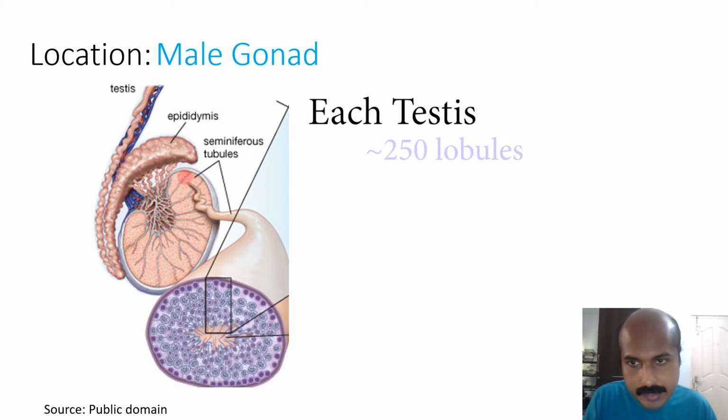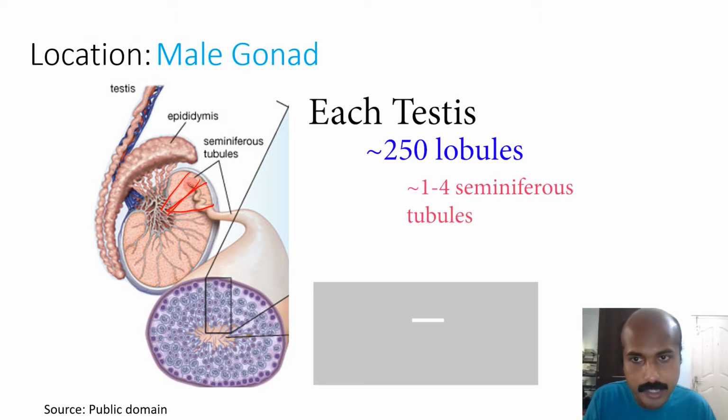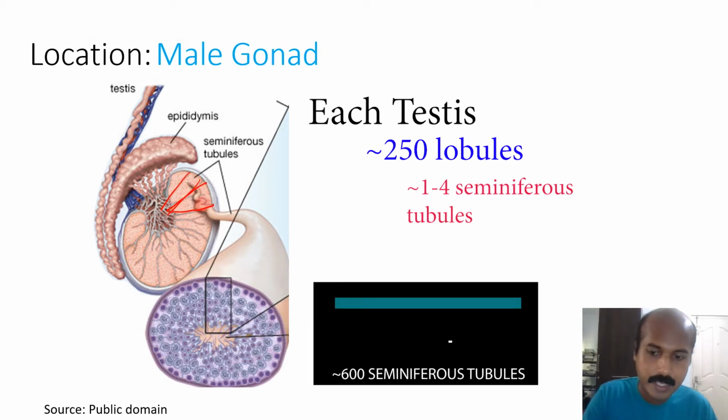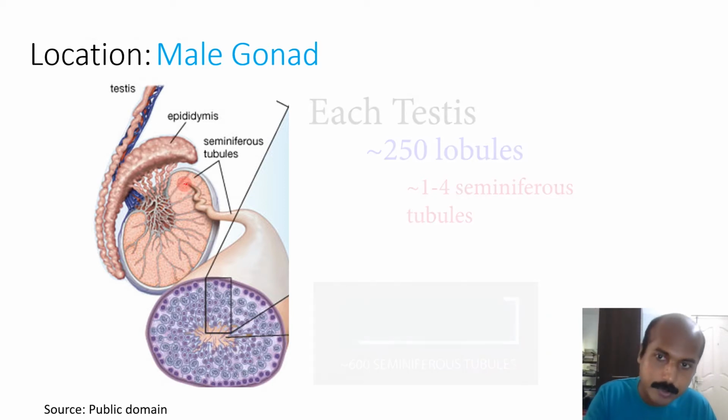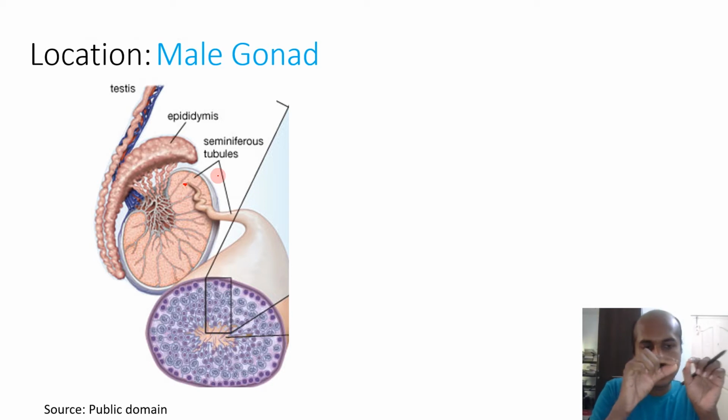Now, within the testis, you can see lobules, and within each of these lobules, you have 1 to 4 seminiferous tubules. As you can see in this picture, a seminiferous tubule is pulled out. When you actually dissect the testis in gross anatomy, you can remove thread-like structures from it, and these structures are called seminiferous tubules.